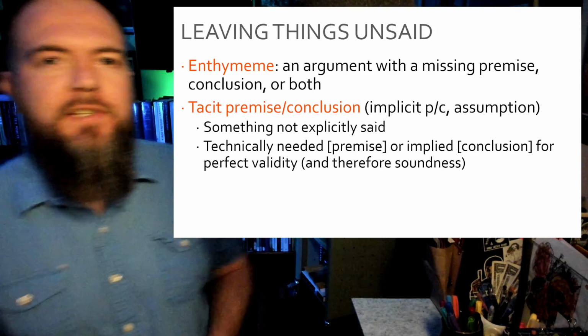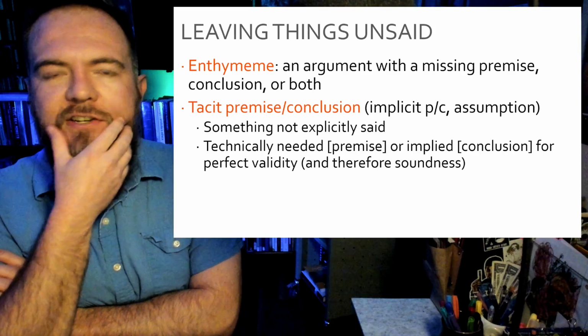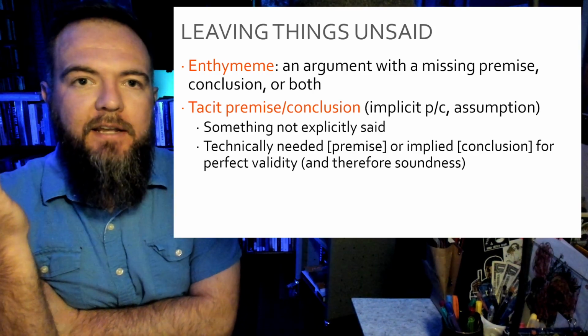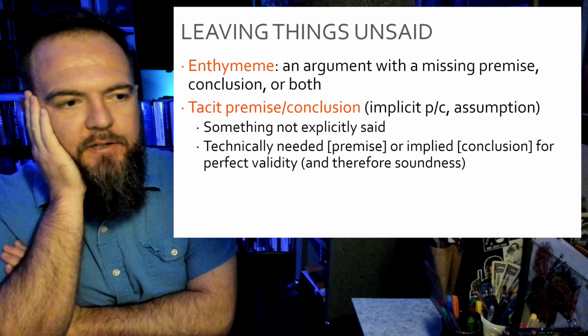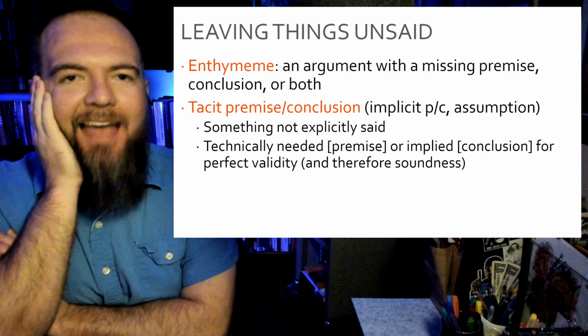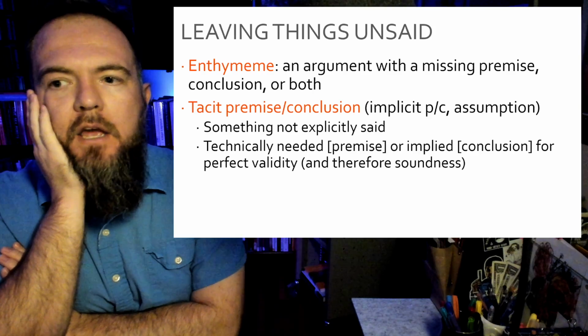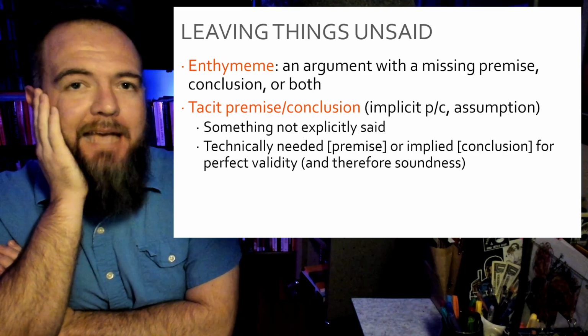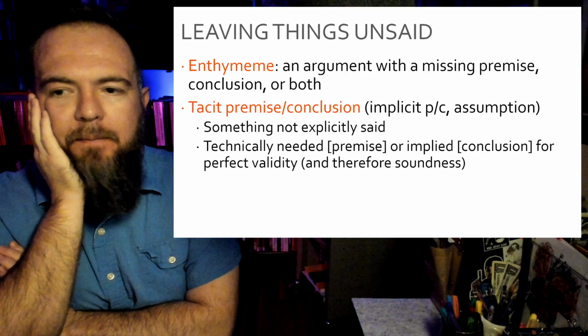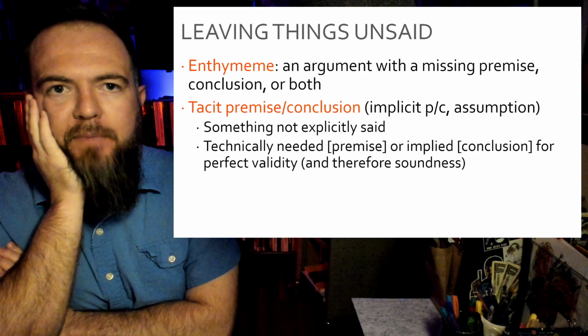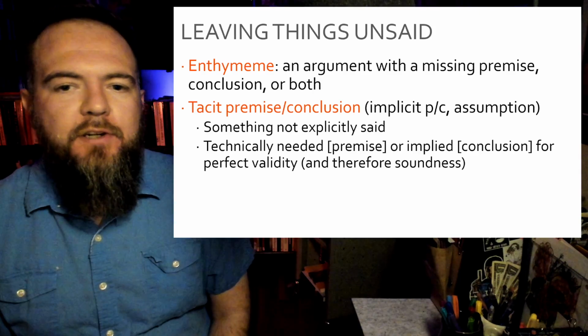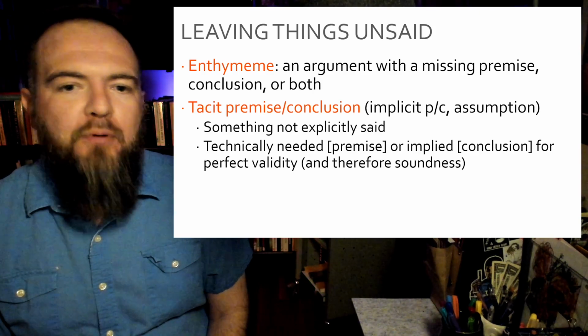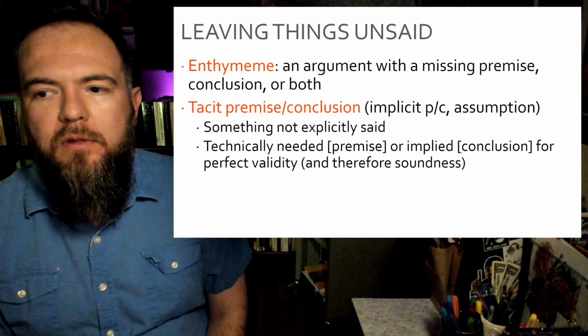But I do want to say that one of the limitations of human reason is that, like I said in the first video on definitions, we often can't say everything. We leave things unsaid. So there's a technical term that we need to have, at least in our back pocket, called enthymeme. An enthymeme is an argument that's missing a premise or a conclusion or both.